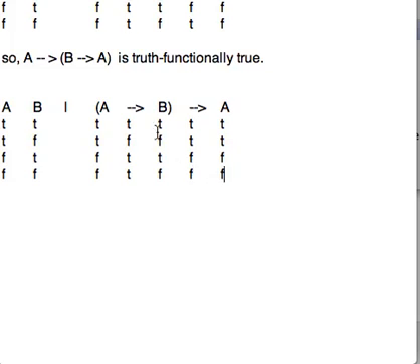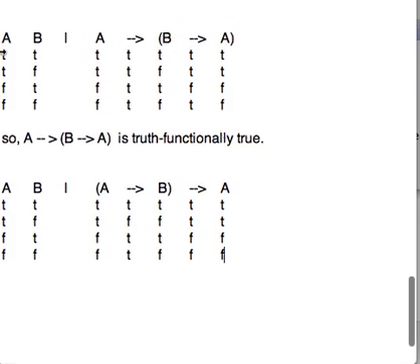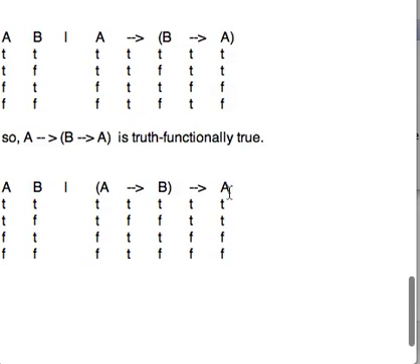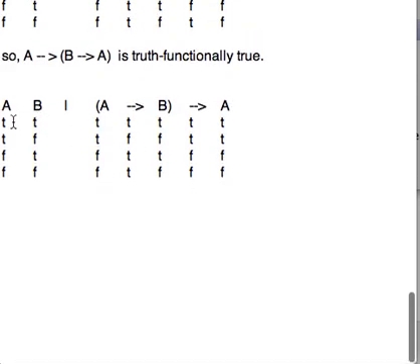Notice now that unlike in the previous case, where under every truth value assignment the whole sentence was true, here on some truth value assignments the complex sentence is true, but under other truth value assignments it is false. So this is what we call truth functional indeterminacy.